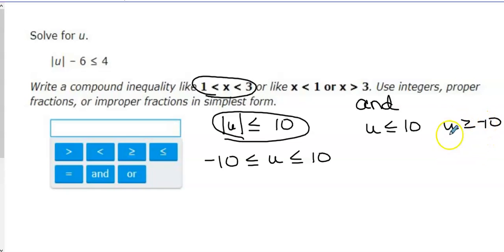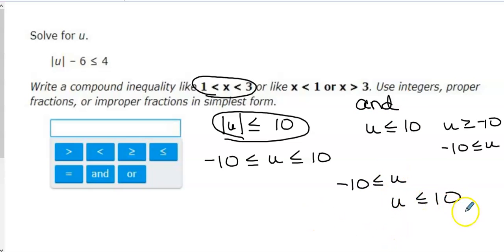So if you turn this around, -10 is less than or equal to u, then you can combine these two. If I move this one over here, -10 is less than or equal to u, and then I put this one here, u is less than or equal to 10. Well, those can go together, so that's really what you're doing.